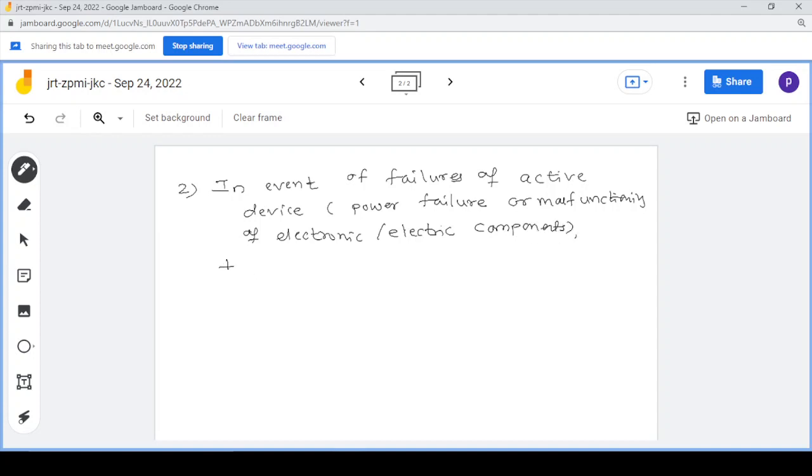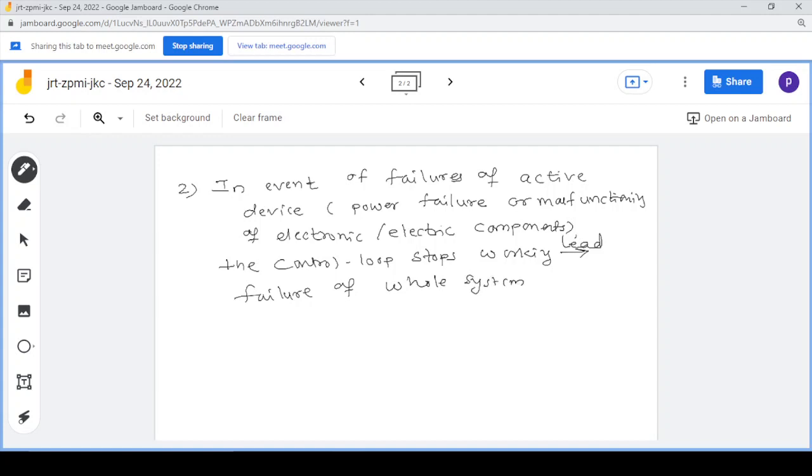If the control loop stops working, which can lead to failure of the whole system.